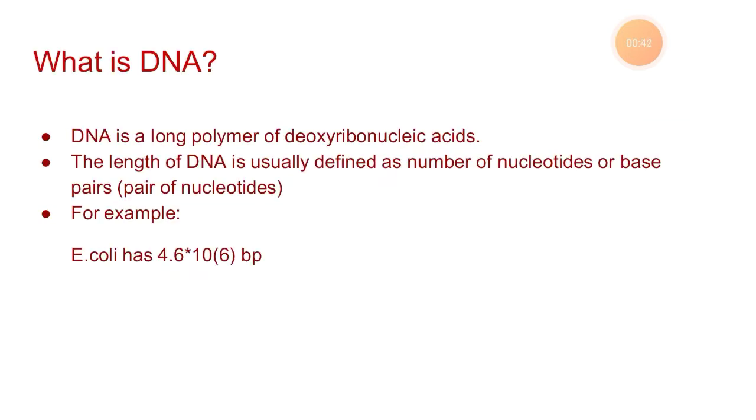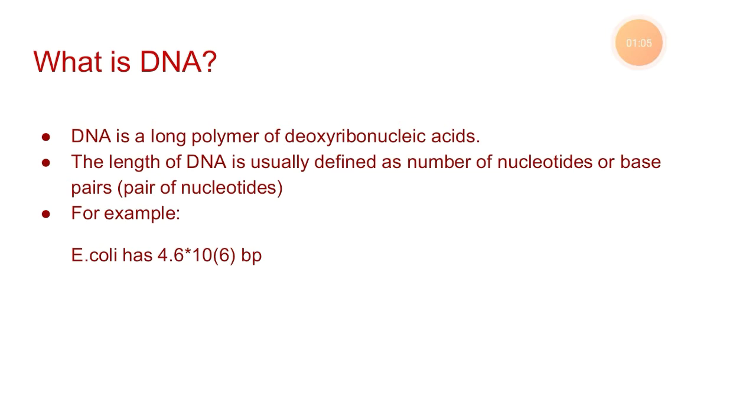So the first question is, what is DNA? The DNA is a long polymer of deoxyribonucleic acids. What is a polymer? Polymer means poly and mer. Mer means a single unit and poly means many. It means a single unit is repeated many times and it forms a polymer.